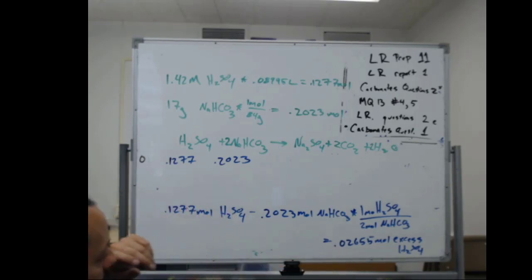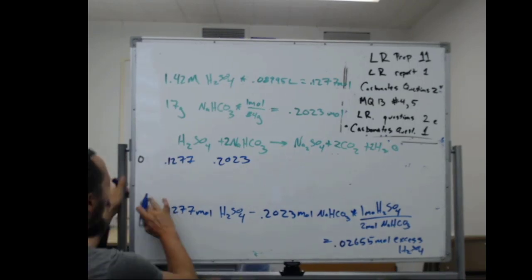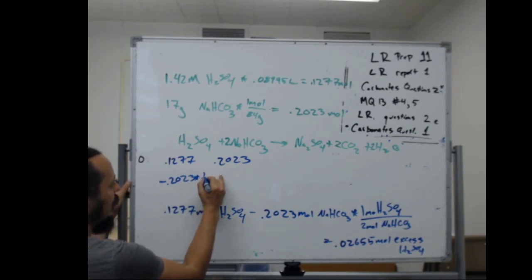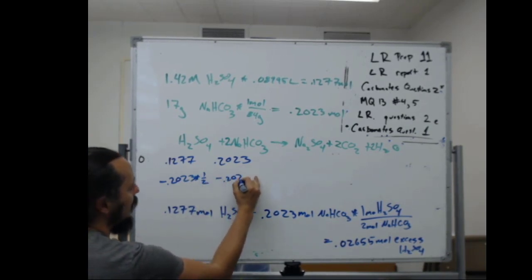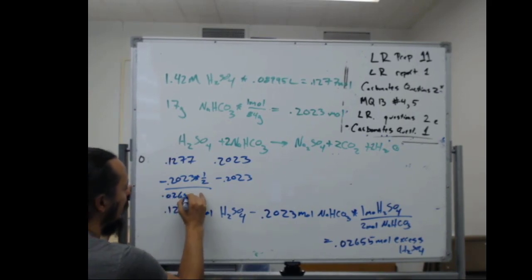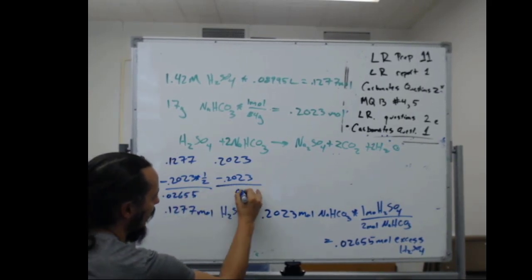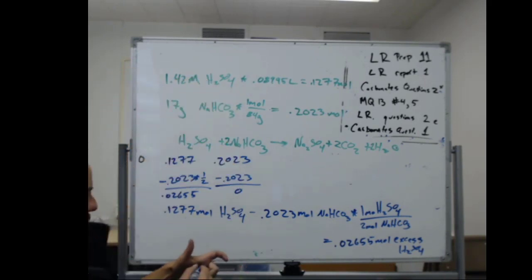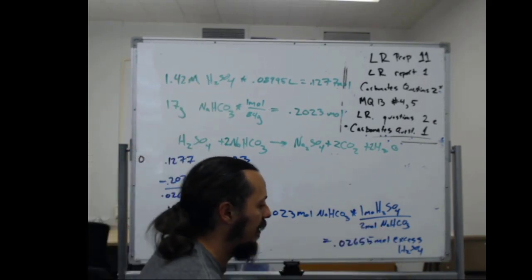So I'm going to take this moles of excess and figure out how much sodium carbonate it takes to react with that excess. I'm also going to switch the math to the way I like to do it, in columns, because it lines things up nicely rather than the long way.